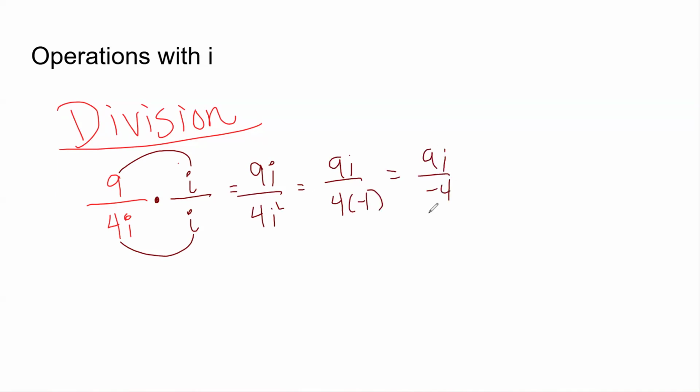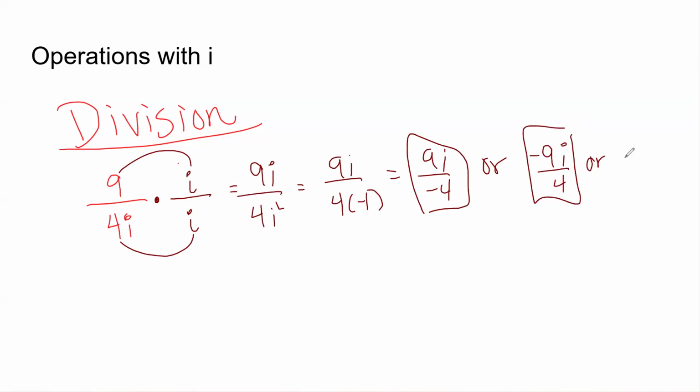And there we go. You could leave it like that, or I just personally prefer the negative on top, or you can put the negative on the side like that. Oh, sorry, the i's in the wrong spot. Either one, all three are correct. I prefer this one, but that's just me. I just like negatives on top. It can be anywhere as long as it's there. Okay, so that's how you'd divide single i's.